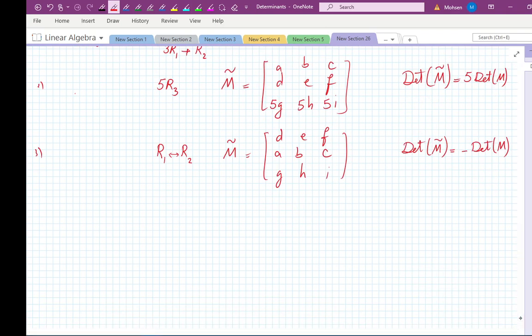I mean, you hit the identity at the end, and the determinant of identity, well, guess what's the determinant of identity? That's going to be 1.